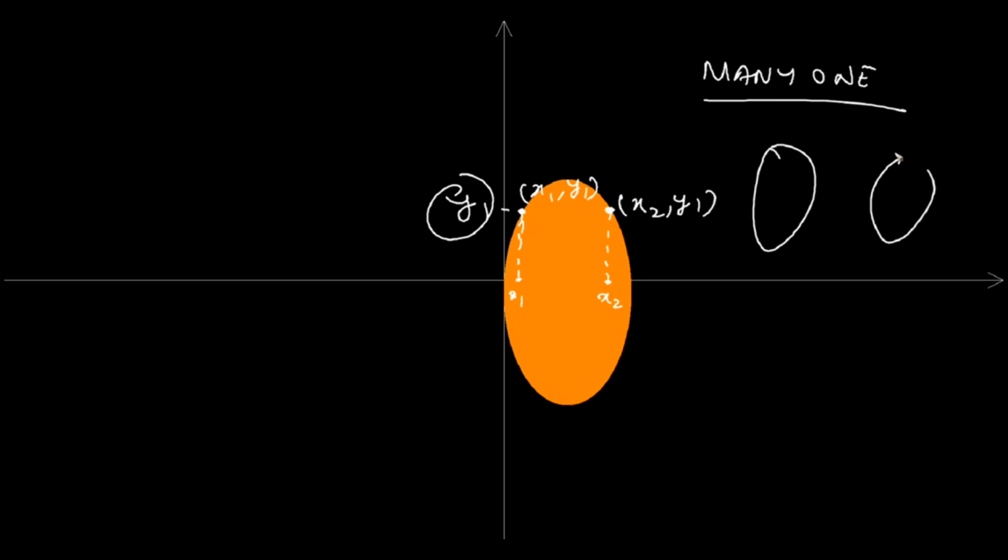Then this point is (x2, y1) and this point is (x1, y1). So this is many-one, because y1 has two pre-images. Here you have x1, y1 and x2. x1 is mapped to y1 and x2 is mapped to y1. So this is many-one.